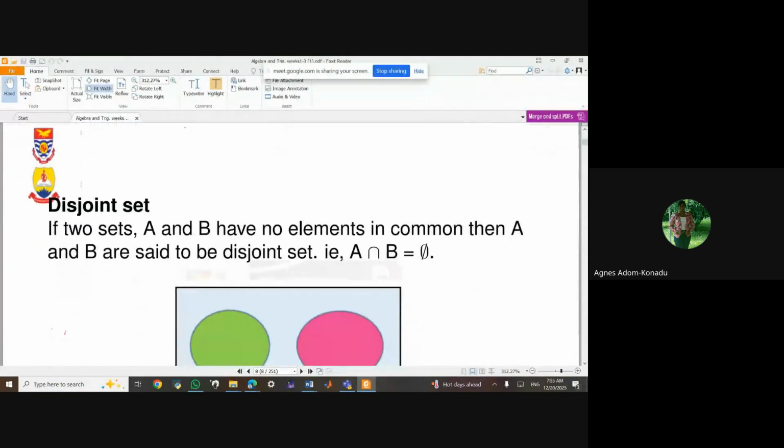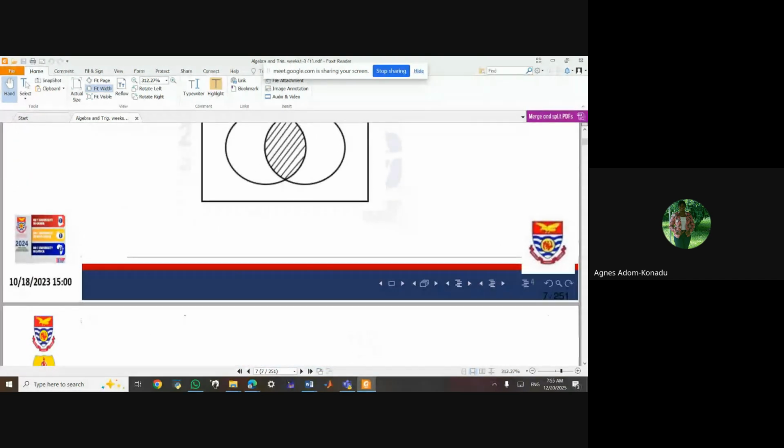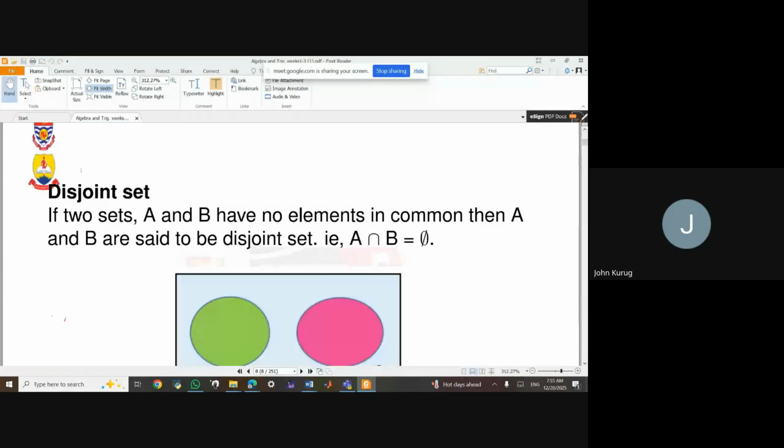So let's look at what I have here. If two sets A and B have no elements in common, then A and B are said to be disjoint. So what will be their intersection? Empty set. Okay, thank you very much.